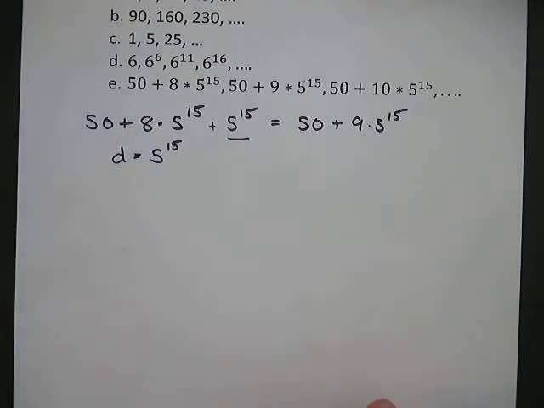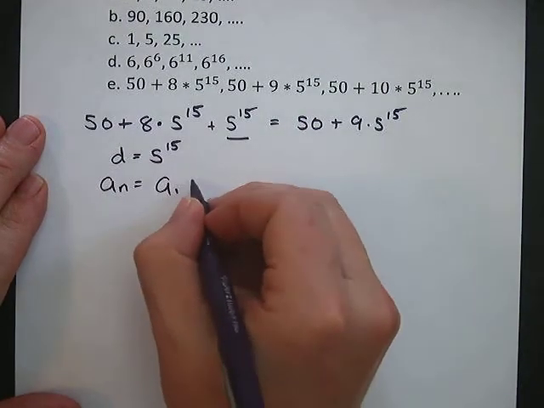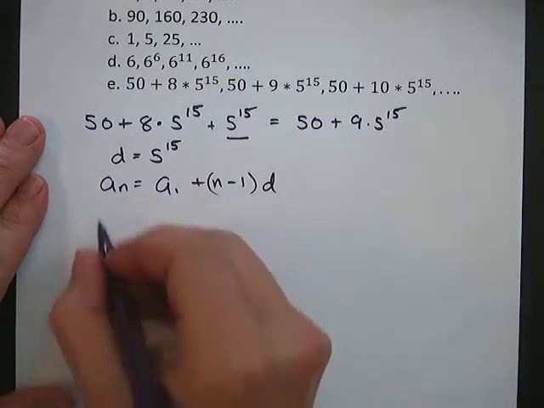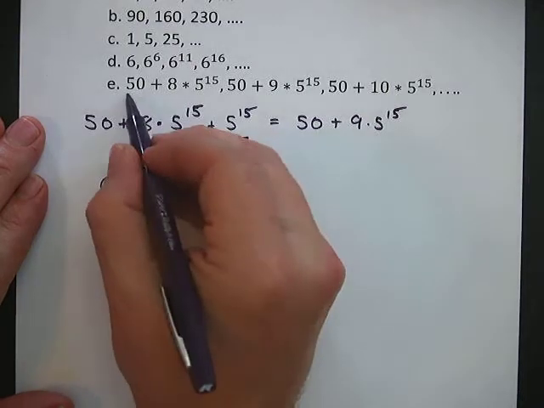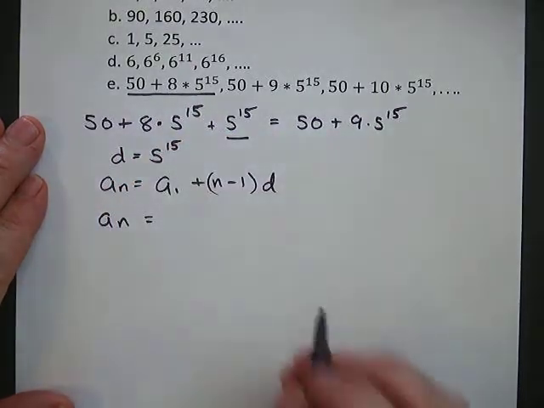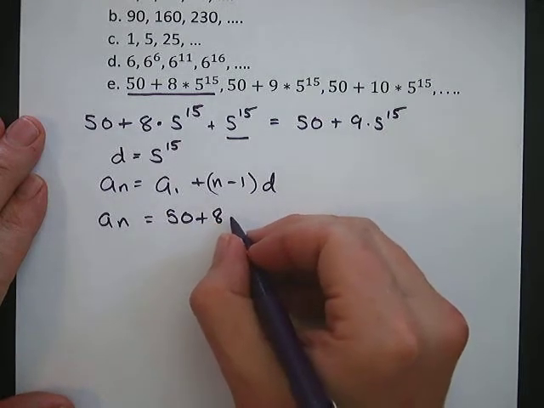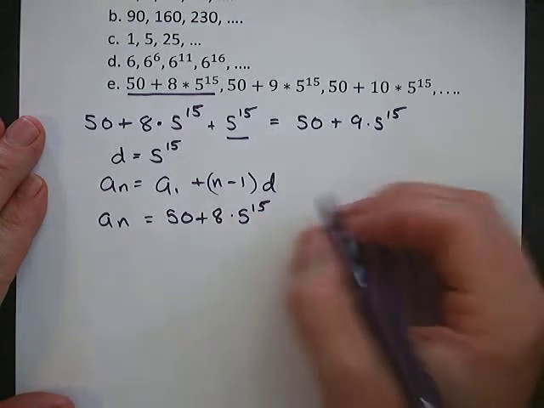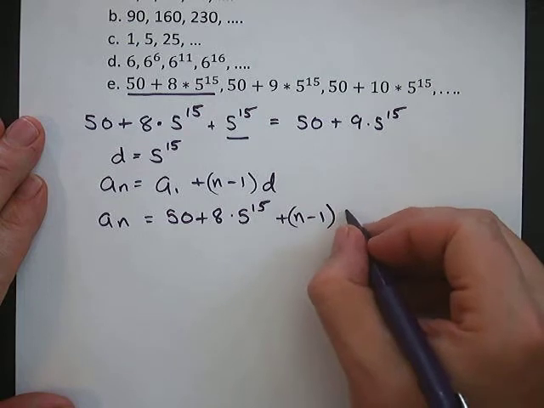Okay, and looking at our formula again, let's write it down real quick: a sub 1 plus n minus 1 times d. So we have a sub n is equal to, our first term is all this stuff here, so 50 plus 8 times 5 to the 15, that's our first term, plus n minus 1 times d, which is 5 to the 15.